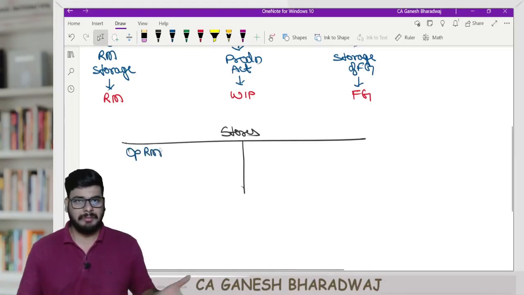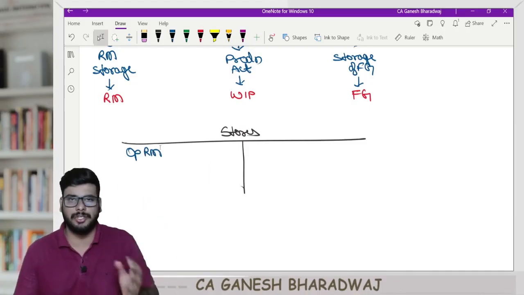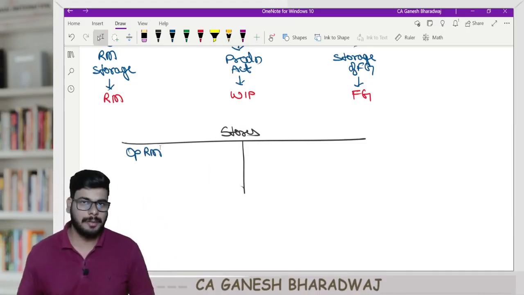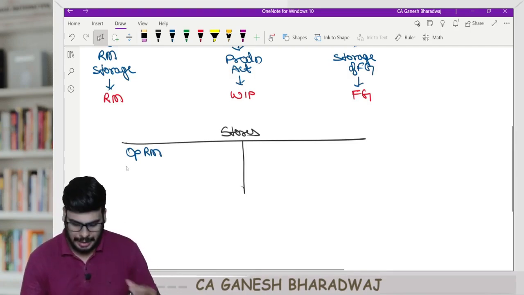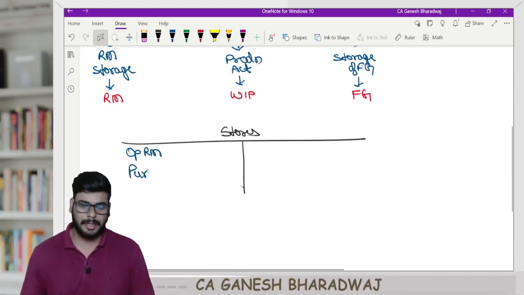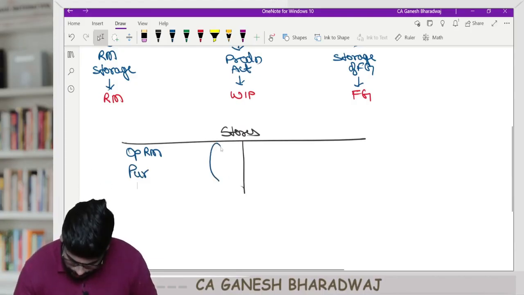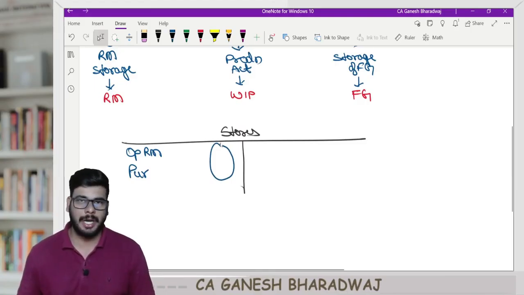Whatever I purchased in the previous period and didn't consume will lie as opening stock. Now, on top of this, in the current period, I would have made some purchase of raw material, correct? Now, this is the total raw material available for consumption. Are you clear with this?